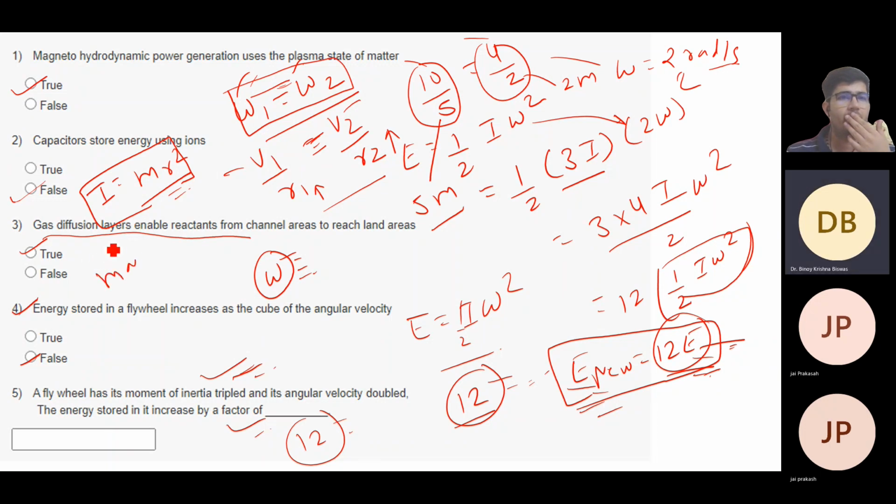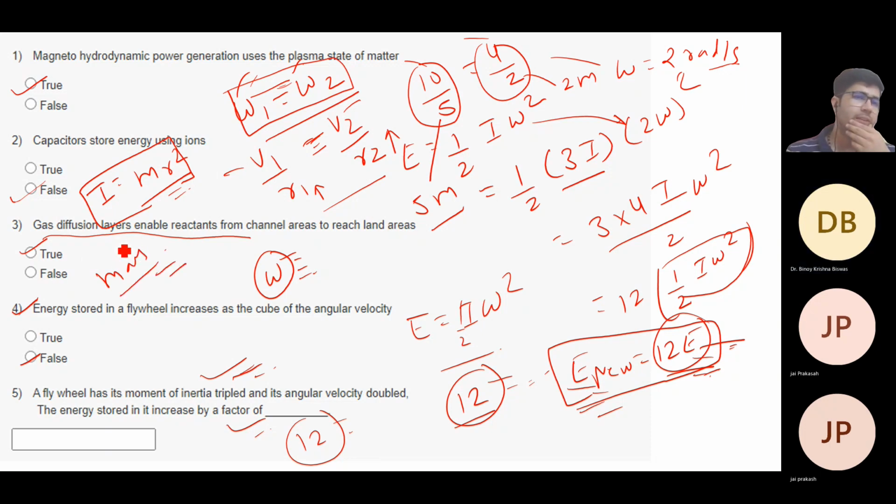But they have mentioned the mass, not moment of inertia. Okay, they have mentioned the mass, so that will be half mr square, suppose solid disk, and v is equal to omega r.